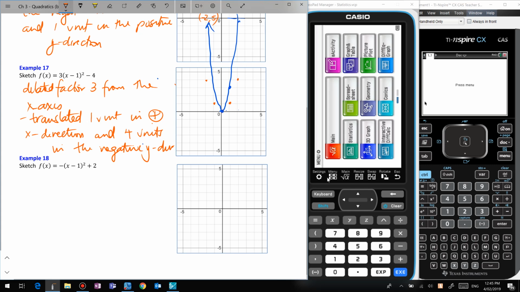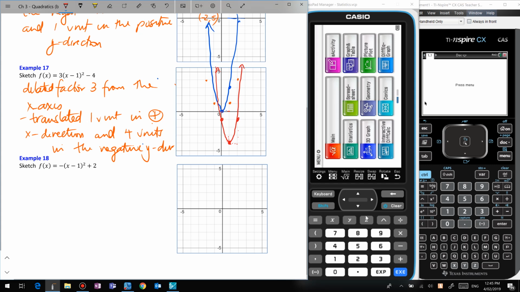Okay, so if we do that, it's got the same shape, but it's been moved 1 to the right, down 4, so it's going to go through there. Now we know, because it's been dilated by factor 3, if we go across 1, we're going to go up 3. If we go across negative 1, we're going to go up 3. And my graph is going to have the same sort of shape as the blue graph.